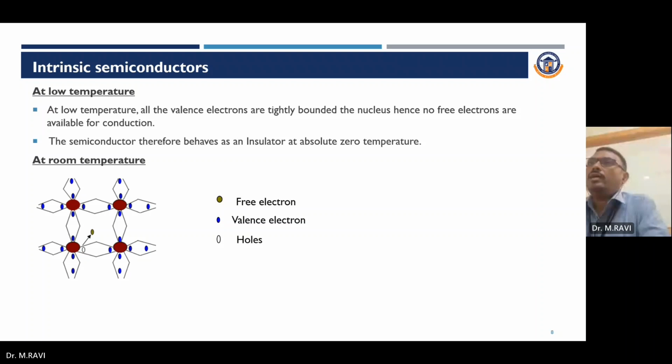At a low temperature, all the valence electrons are bound, and no free electrons are available for conduction. The semiconductor therefore behaves as an insulator at absolute zero temperature, free from electrons in the conduction band and holes.